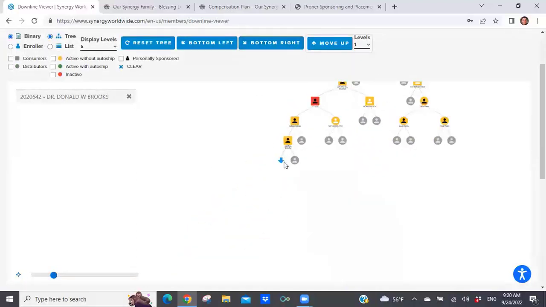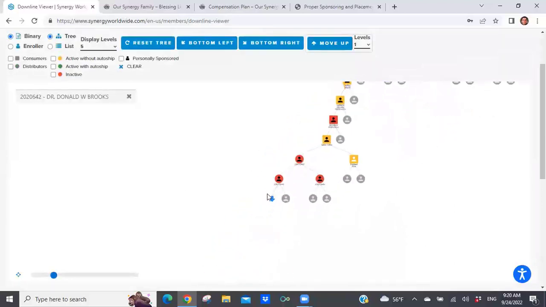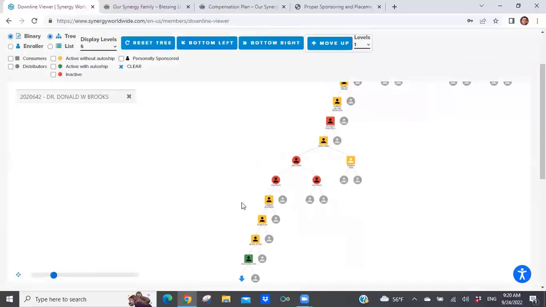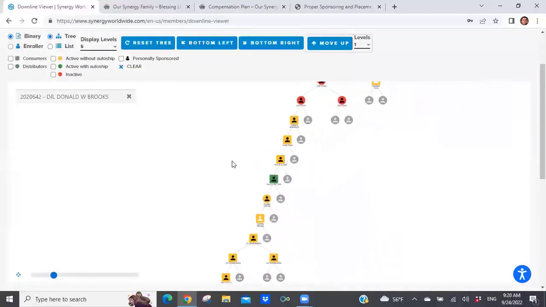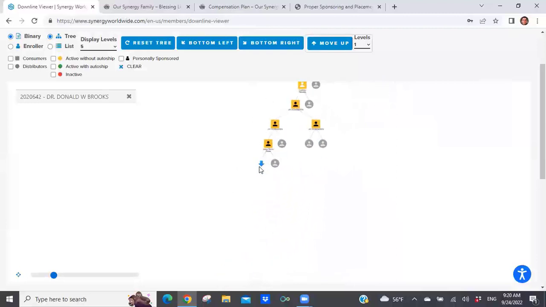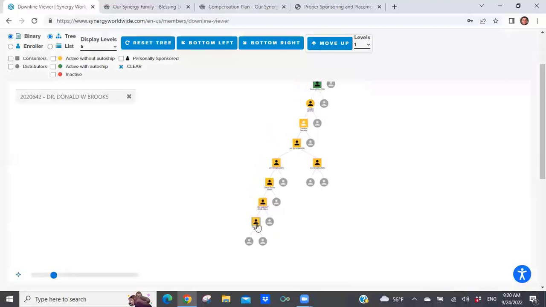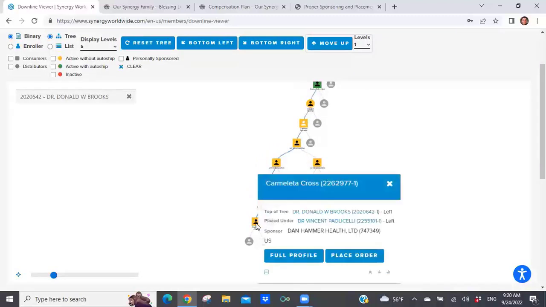We're getting there. Nice organization, Dr. Brooks. Almost there. Okay, so we get down to the bottom. I can click on that individual. Carmelita Cross, she's the last person on Dr. Brooks' left-hand side.